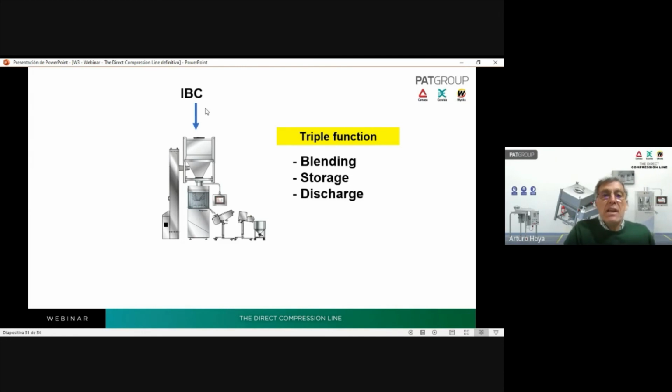Here you can see the IBC connected to the hopper of the tableting machine, and of course, in these cases, the probability that fluidization segregation occurs is minimal, it does not occur.